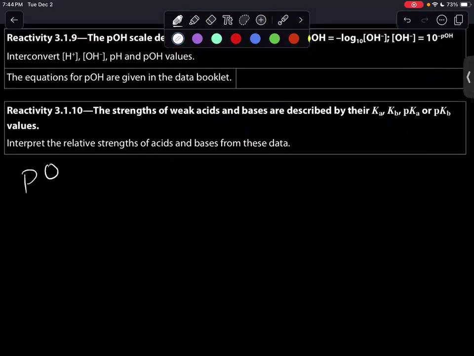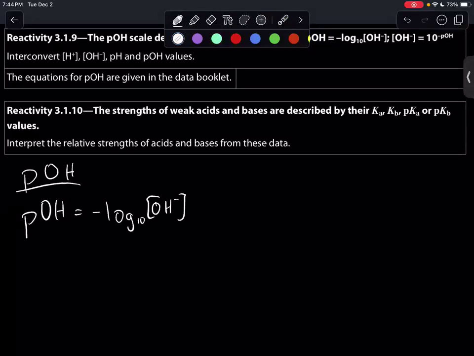Starting with pOH, the power of hydroxide. This is pretty much an exact derivation of pH, where we get pOH is equal to the negative log base 10 of the concentration of OH minus. We can also invert that to get the concentration of our hydroxide ions is equal to 10 to the minus pOH.